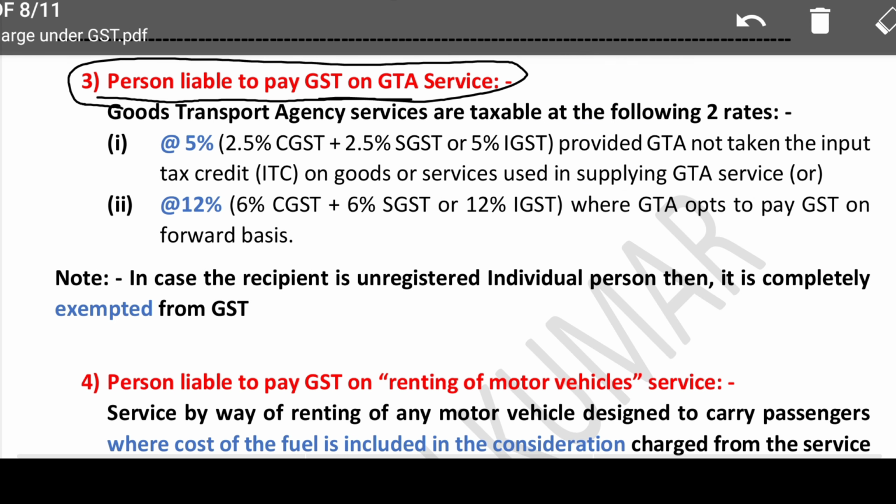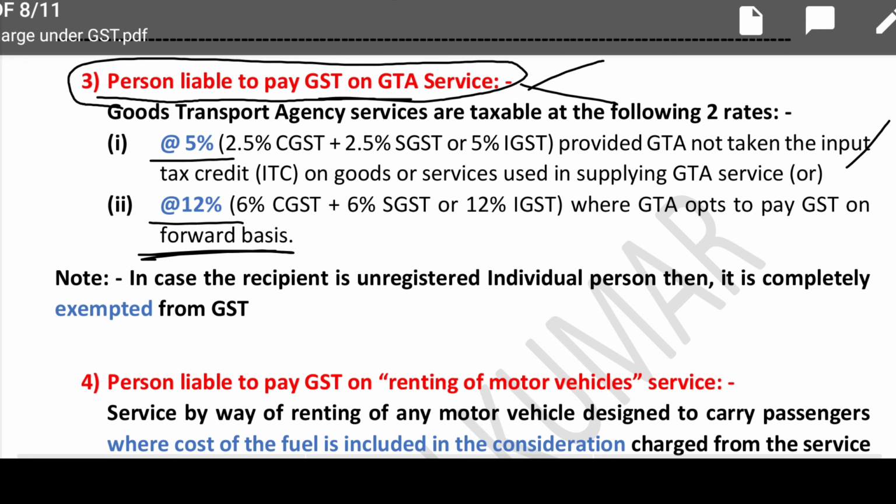We have already mentioned in case of GTA, two rates will be there, that is 5% and 12%. In case of 5%, the recipient will pay the GST because this is RCM, and 12% means forward charge basis. The GTA will charge the recipient and the GTA will pay the tax to the government.